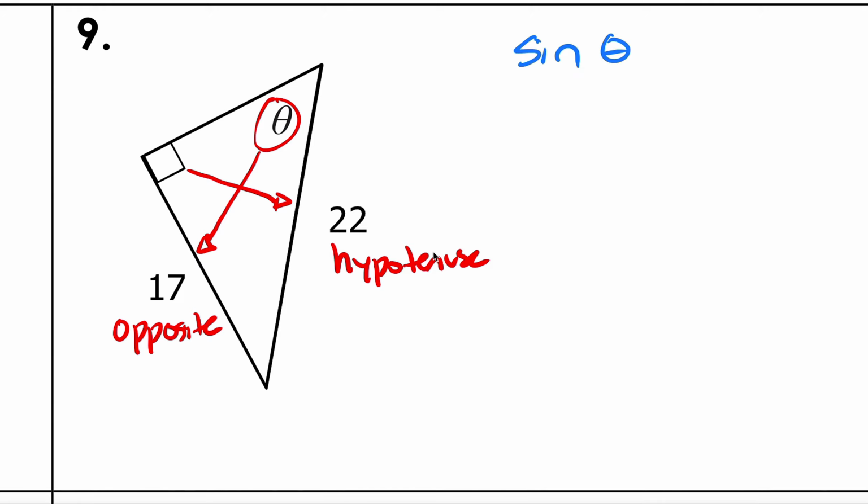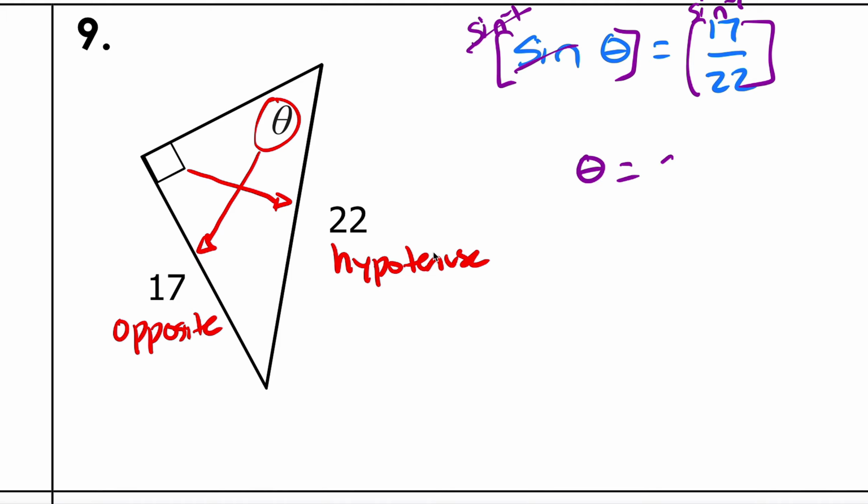So the sine of theta equals opposite over hypotenuse, 17 over 22. Now I want to get rid of sine, so I want to get theta by itself, so I find the inverse sine of both sides. And so these cancel, so theta equals the inverse sine, parentheses 17 over 22.